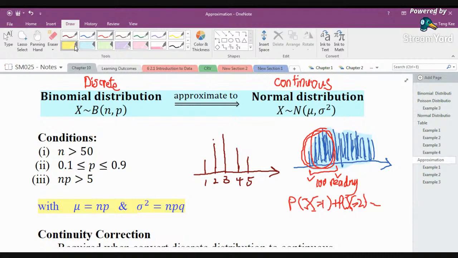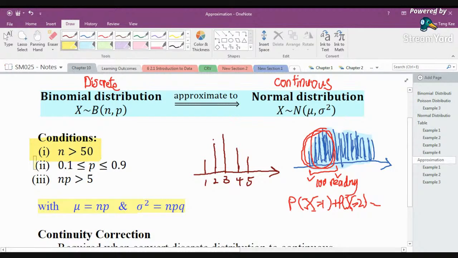And to have a clear idea of when we are going to do approximation, in our syllabus we set 3 conditions to fulfill. The first one is that we want n to be greater than 50, which tells us that this is a sufficiently large size to do approximation from binomial to normal.